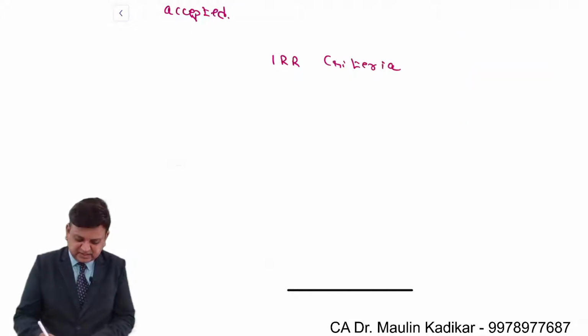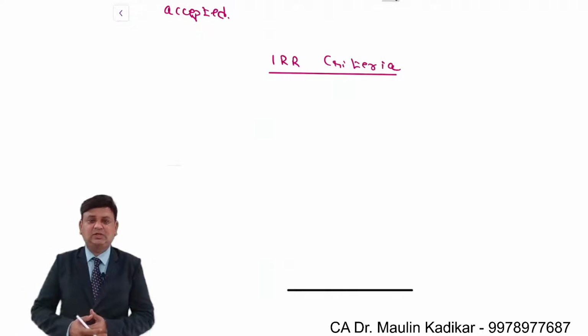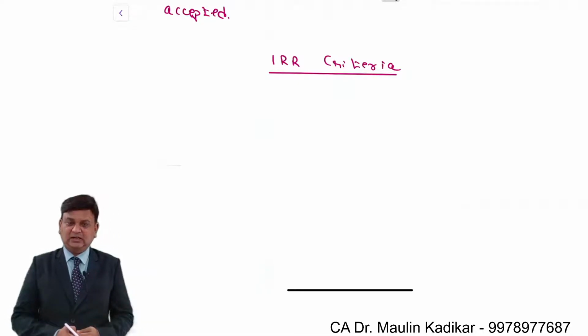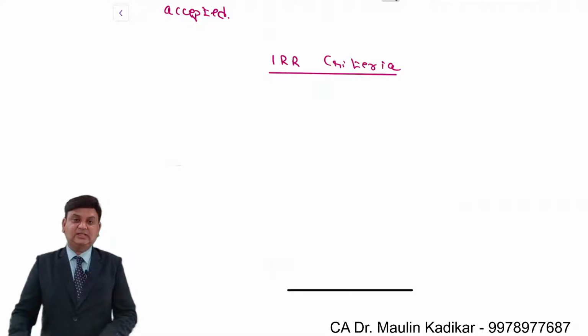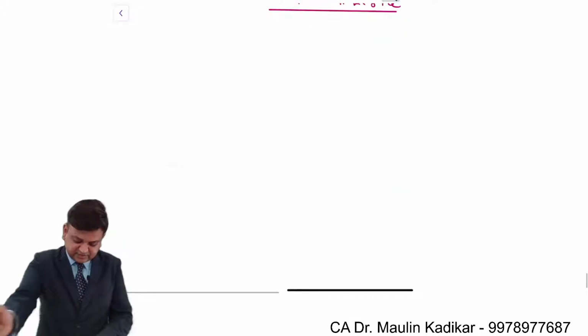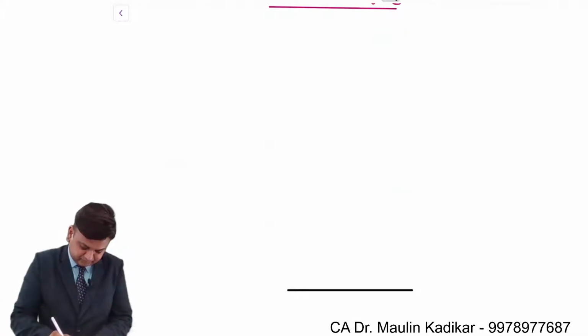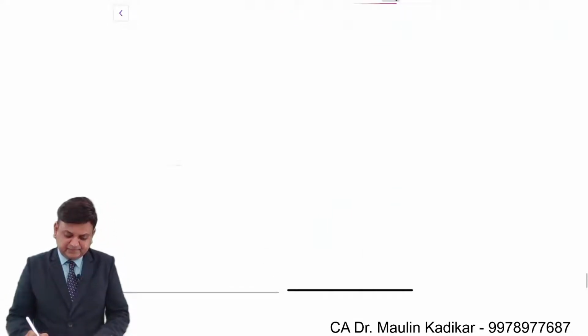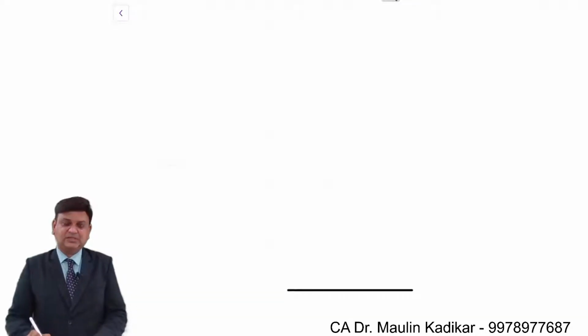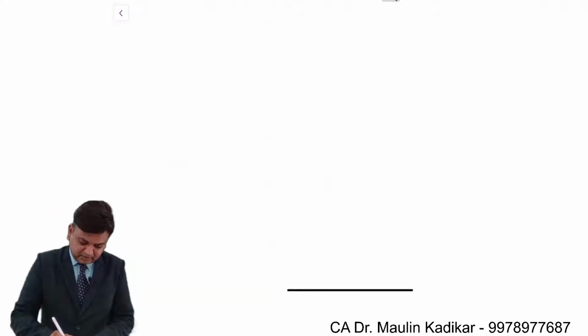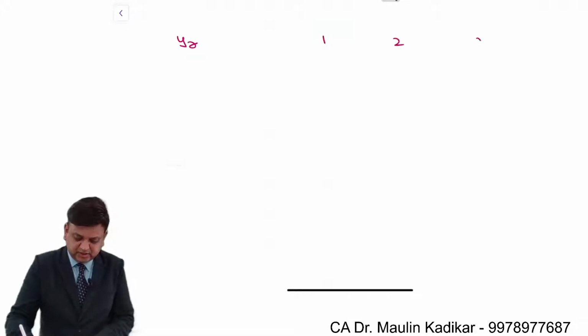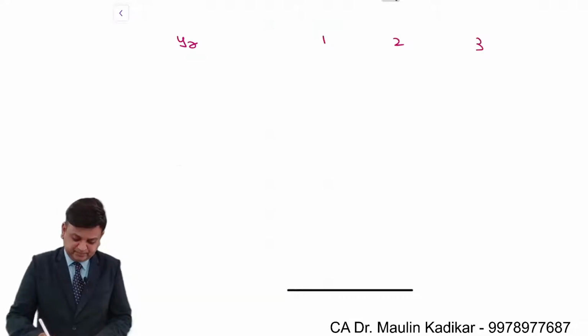Let us understand how to take a decision using the IRR criteria, and how IRR is calculated. Everybody is requested to pay attention. We have made a calculation something like this. Year 1, year 2, year 3. Listen carefully.